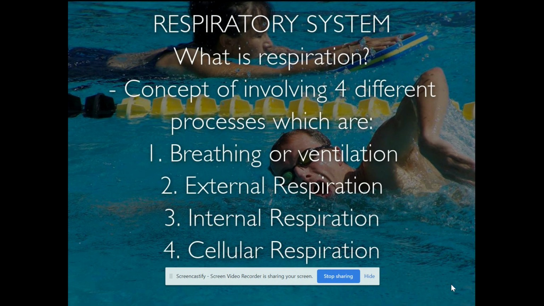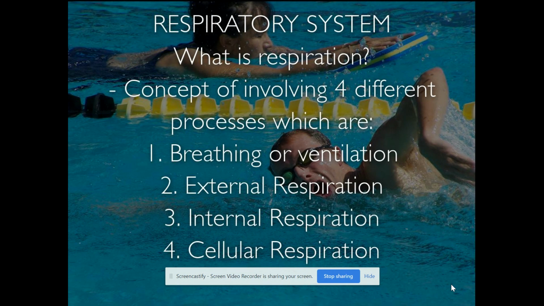Let's not forget that we're talking about respiration. Remember, that's 4 different processes. The first one is ventilation. Ventilation, remember, is moving air into and out of the respiratory tract. External respiration. This is gas exchange that happens in the lung between air and blood.